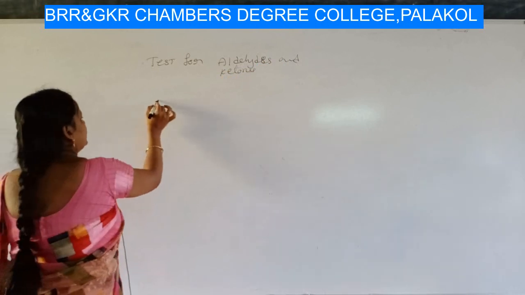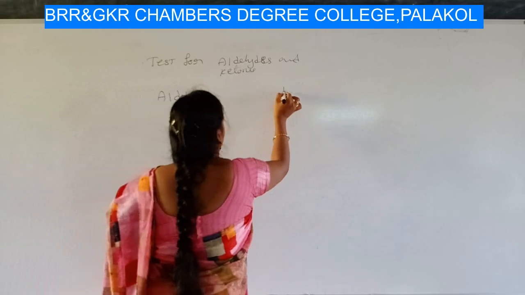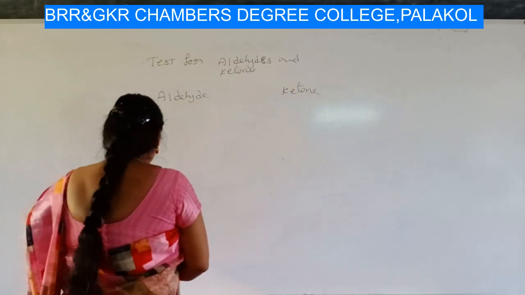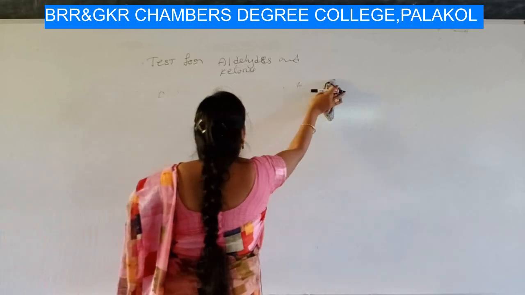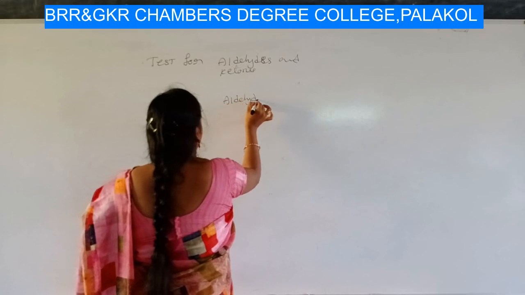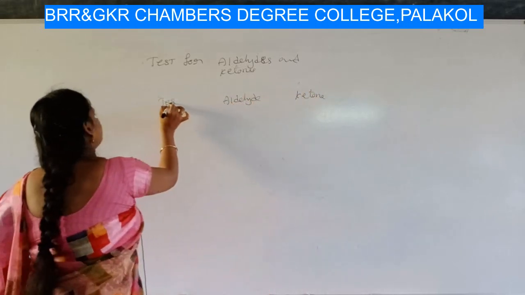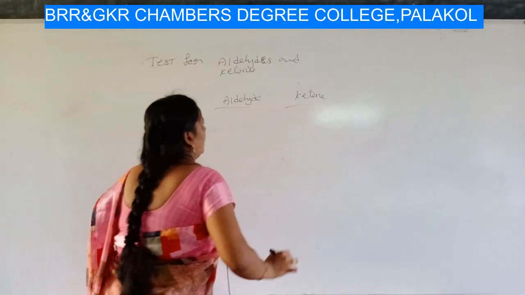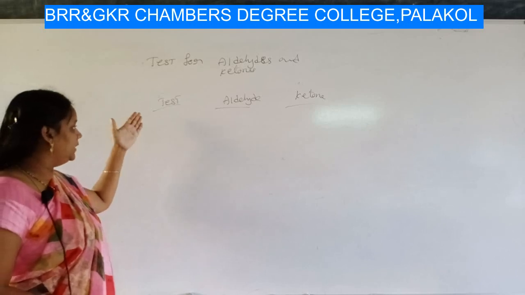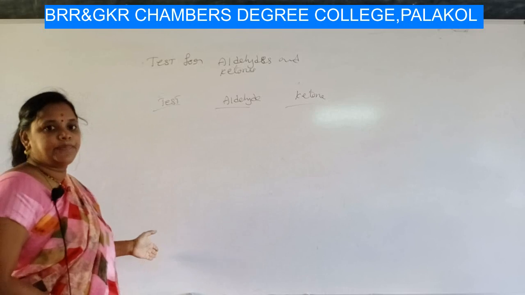Let us take an aldehyde here and a ketone here. If I write like this, you can understand easily. Aldehyde here, ketone here, and the name of the test here. We can differentiate aldehydes and ketones by doing these tests.